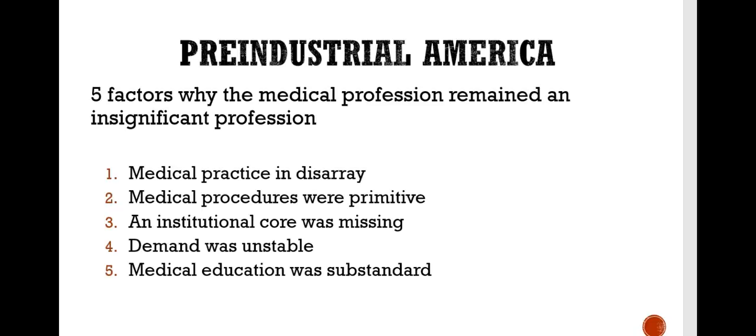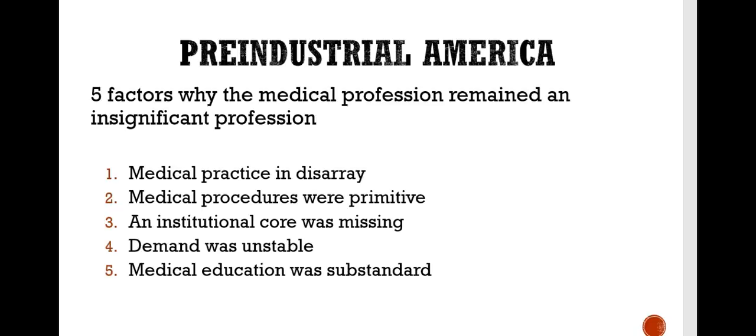What I mean by primitive medical procedures is, for example, bloodletting, when they would try to withdraw blood, hoping that would help the body to heal. An institutional core was missing. When we say this, I mean the institutions fulfilled a charity and welfare function when it came to hospitals, rather than a healthcare function.